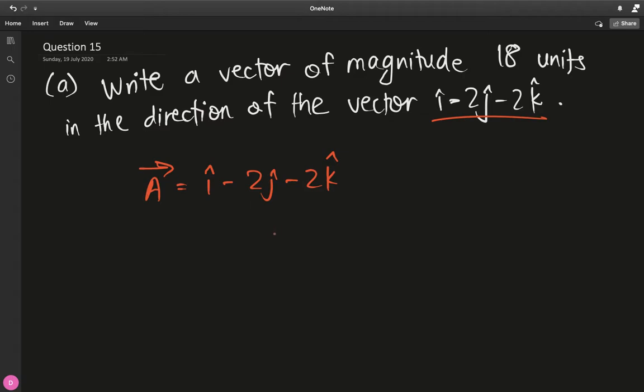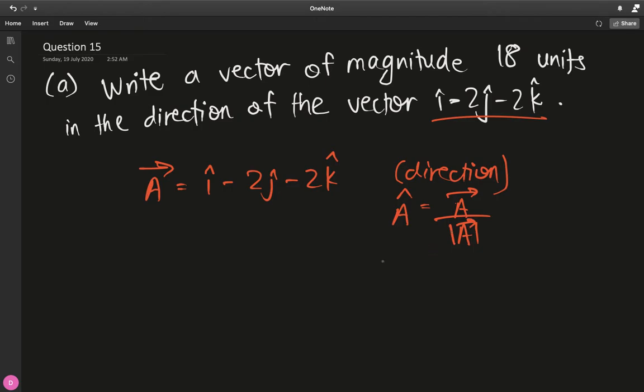Now to find the direction of this, we need to normalize it, such that the normalized version, A cap, is defined to be A vector divided by the magnitude of A vector.